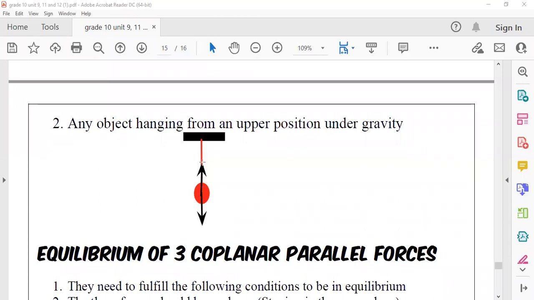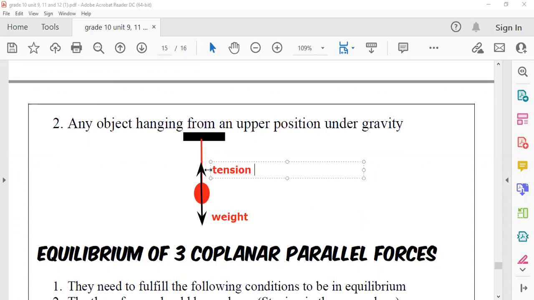Another force would be working upwards. The downward force is weight. The upward one is actually a reaction.